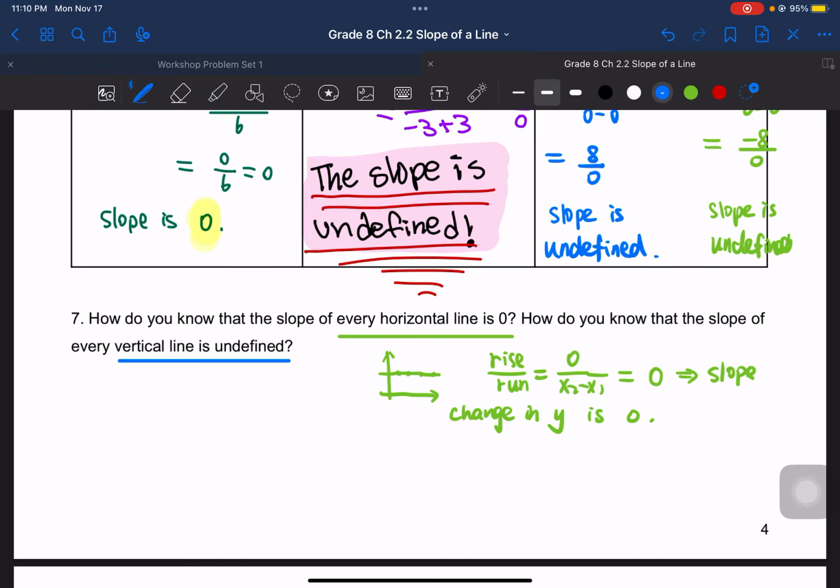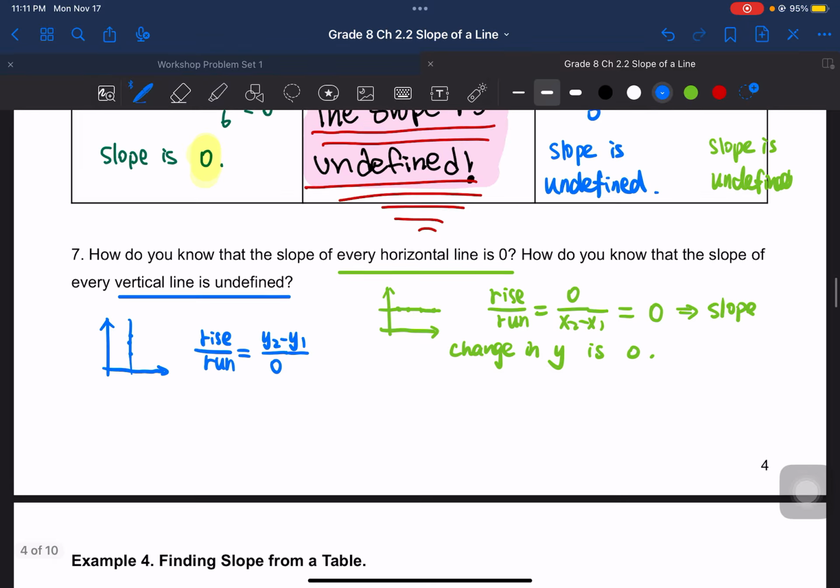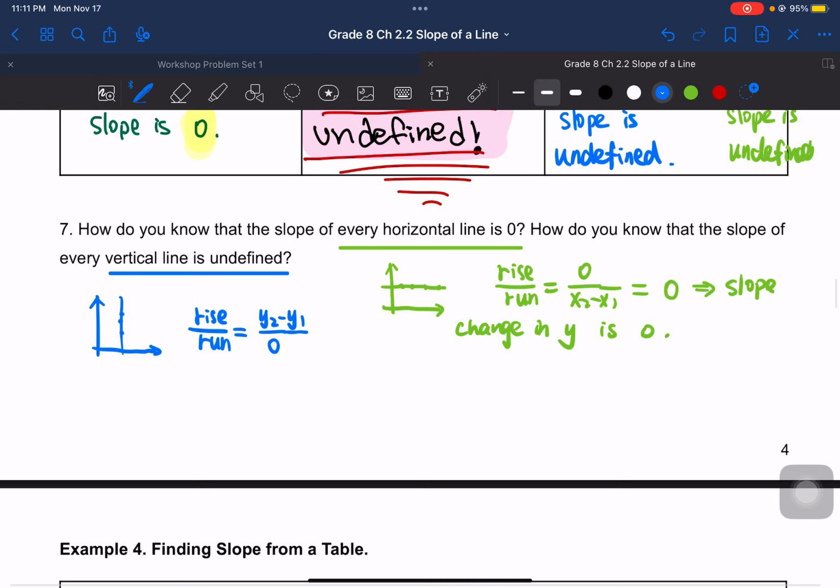And for our vertical line, we don't have any change in x. It's not going to the left or going to the right, which means our rise over run, since there's no change in x, our run is 0. Our rise is y2 minus y1, or you can also do y1 minus y2. But either way, you have 0 as a denominator, which means your slope is undefined.